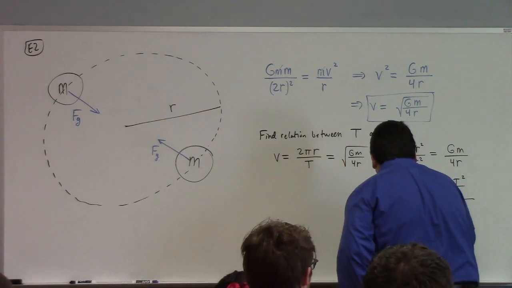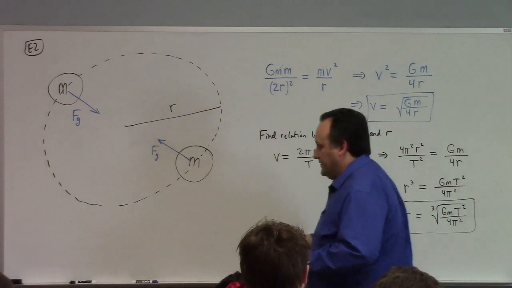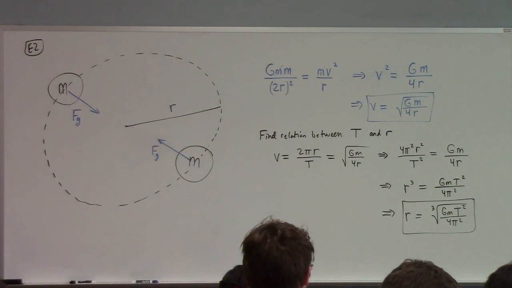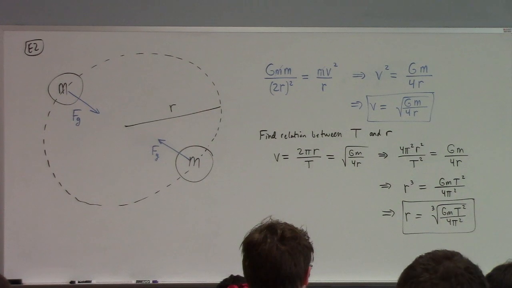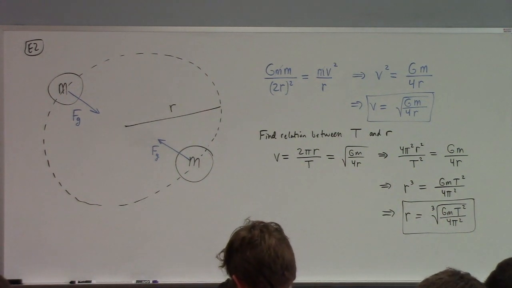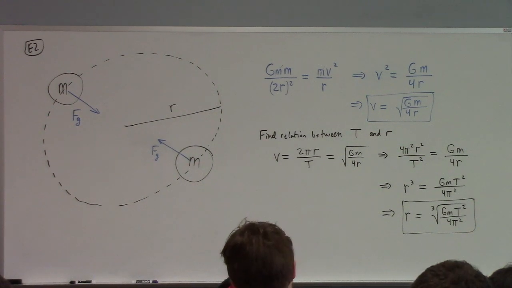So there you go. That's the relation between the radius and the period of the orbit of a binary system. Any questions?